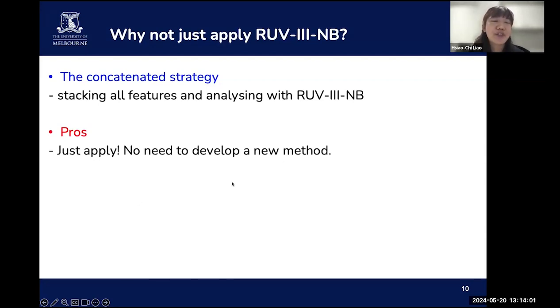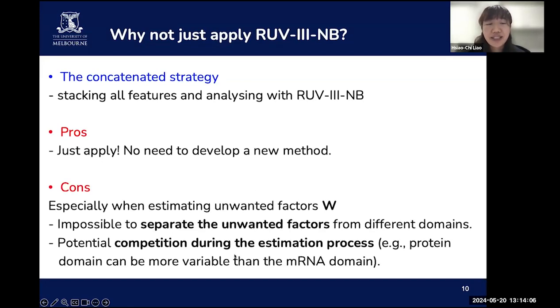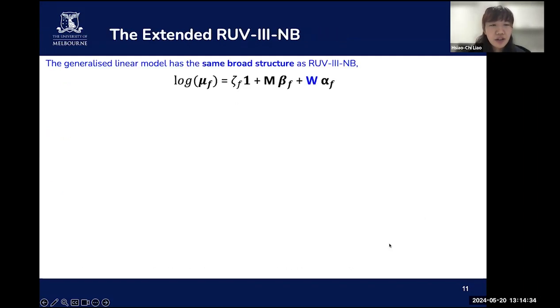We don't have to develop a new method. But the disadvantage is that when it comes to estimating unwanted factors W, it's impossible to separate the unwanted factors from different domains, because they all come together. And there's potentially a problem with the computation during the estimation process, for example, some protein features can be more variable than RNA features.